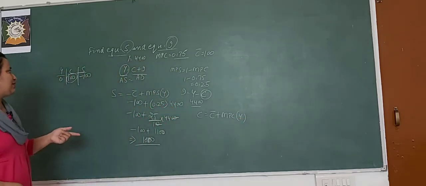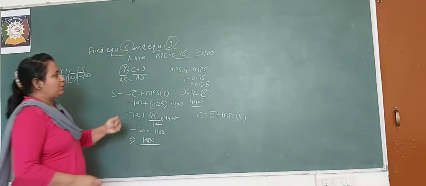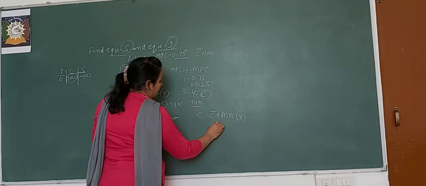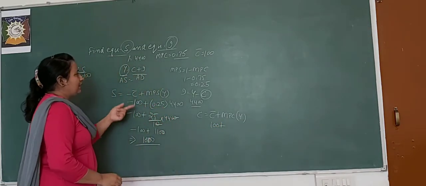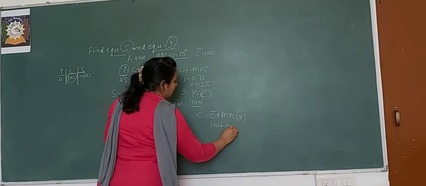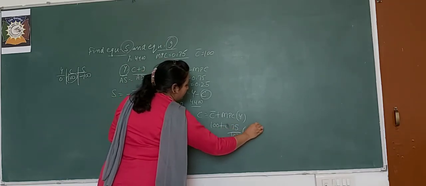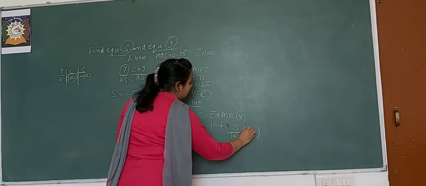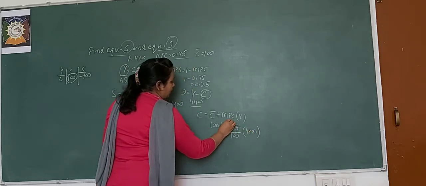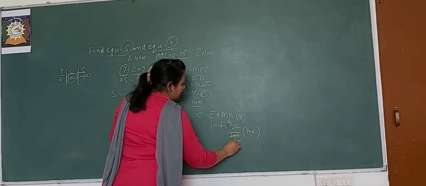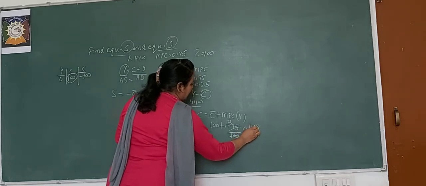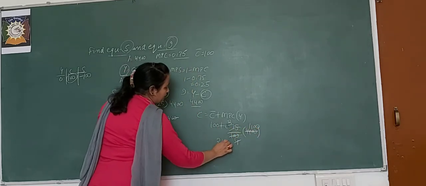C bar means consumption autonomous, that is 100. MPC कितना है बेटा? 0.75 upon 100 point will remove, level of income I have 4400. 25 3 the 25 4 the. It means here I will get 3400.